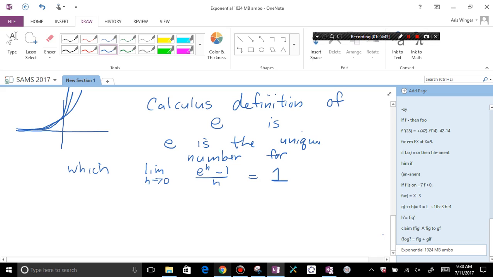No other number can do that except for one number, and that number we're calling e. That is the calculus definition.